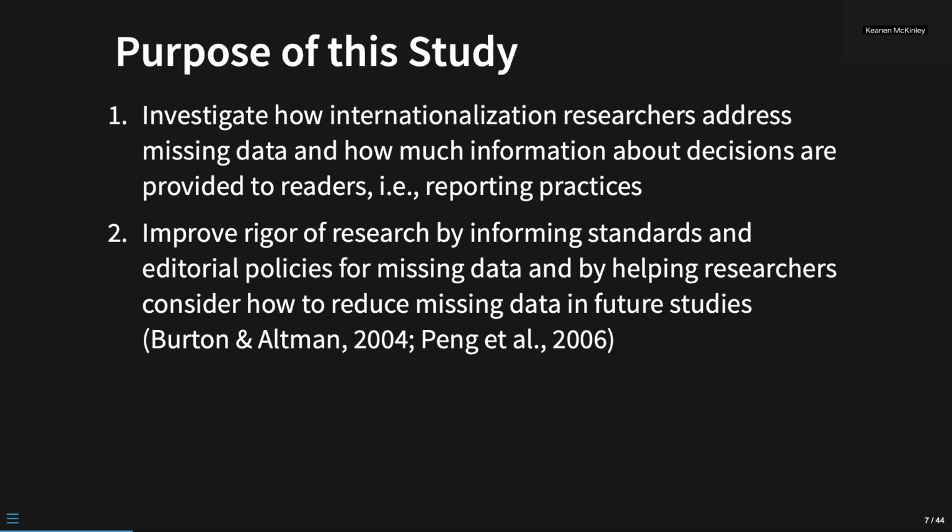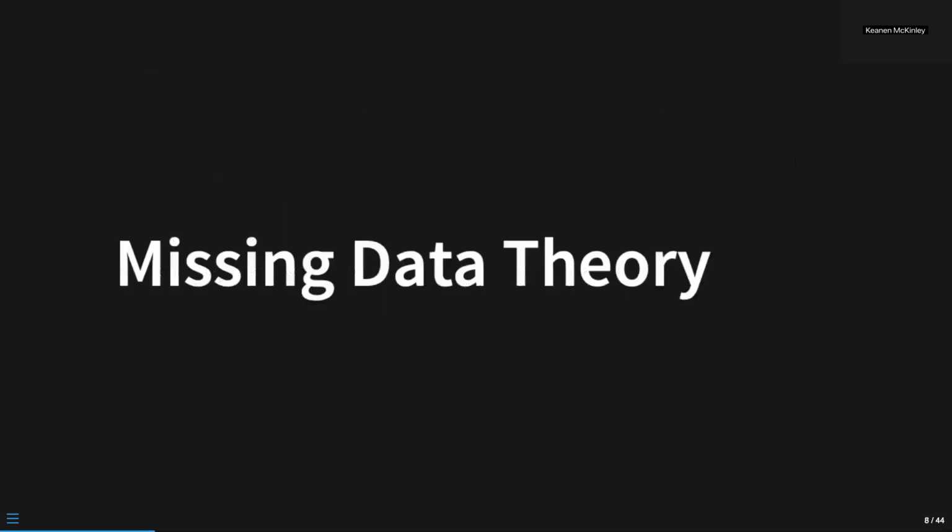Researchers are still investigating missing data and the best approaches to handling it and getting the most from the available information within our research. So I'm trying to give a broad overview, point out some of the main issues, and hopefully make clear that this is a really important issue that should be addressed in articles and among researchers in general.